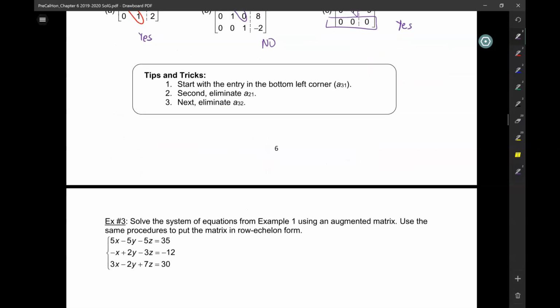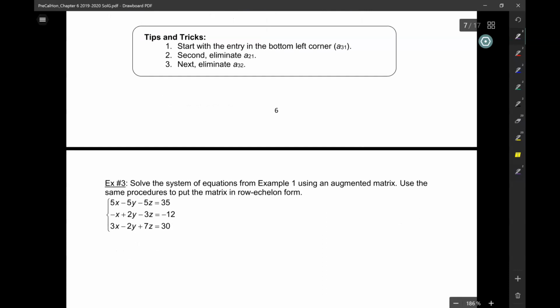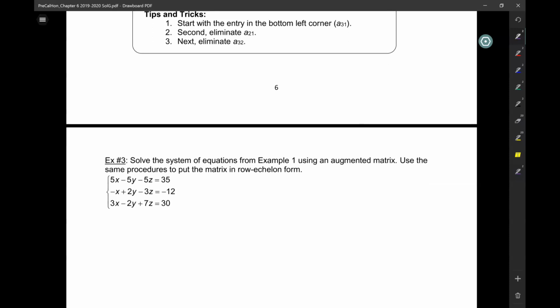Okay, so we're going to do the same thing here, but we're going to use matrices. Again, tips and tricks. Start with A31 and then move up. So let's do this one here. First, I want to put this into matrix form. Now, you don't have to do this, but it's always wise to do it.